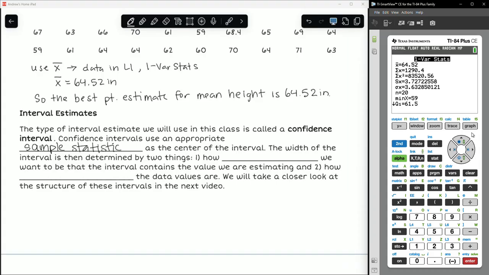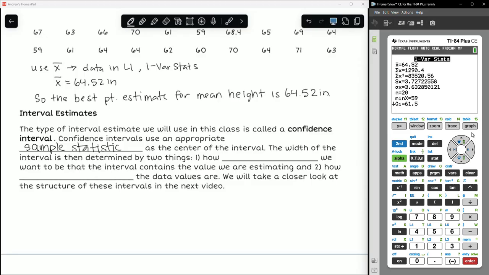Meaning the appropriate point estimate becomes the center of our interval estimate. If I'm estimating a mean height, that sample mean height is going to be the center of the interval that I build. The width of the interval is then determined by 2 things.